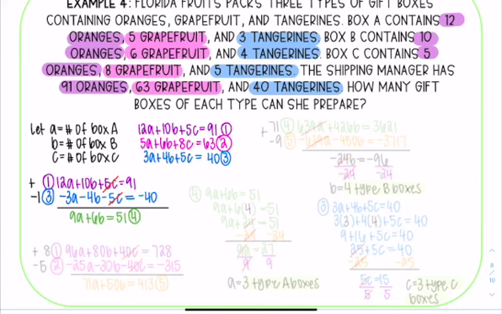So I'm going to multiply equation number 1 by 8. And so we get 96A plus 80B plus 40C equals 728. And I'm going to multiply equation 2 by -5 so that I can get -40.